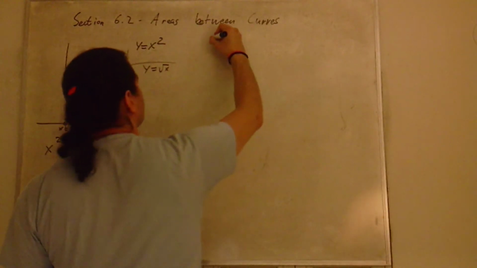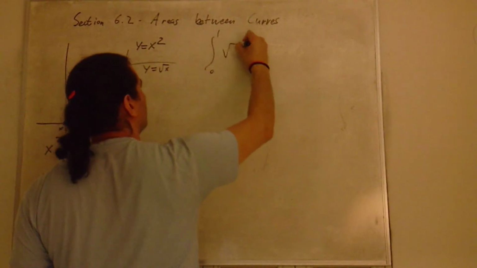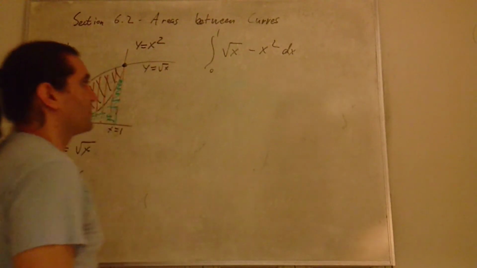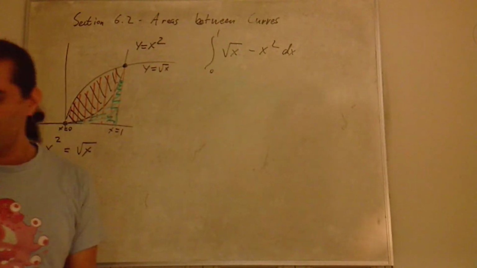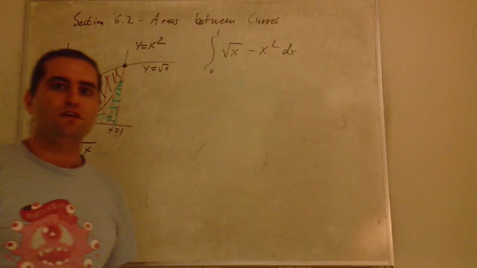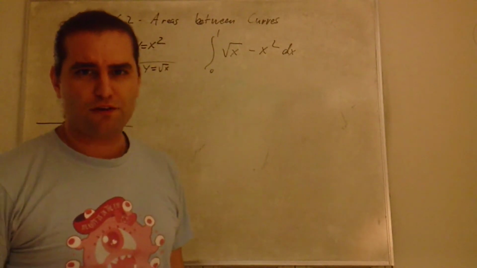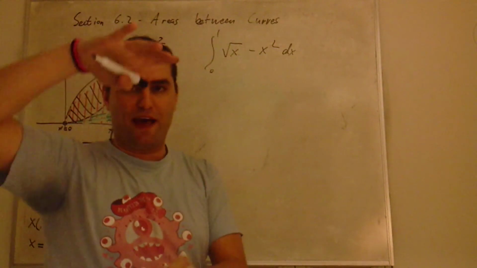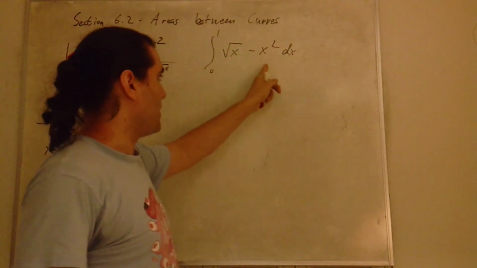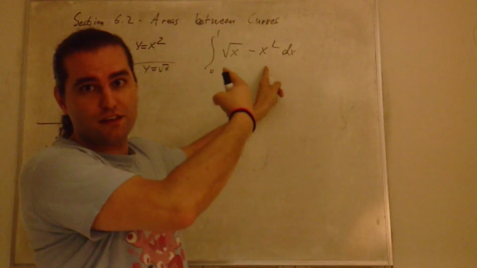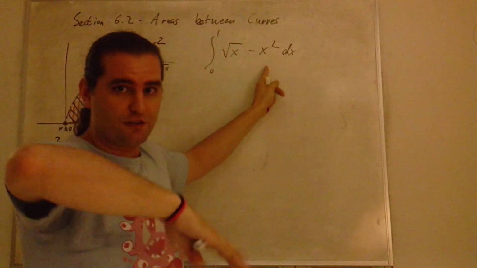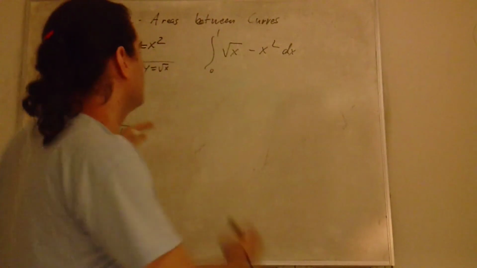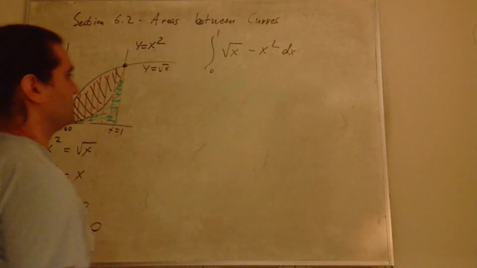So we have the integral from 0 to 1 of square root x minus x squared dx. One way to think about how you're doing these problems is to think of the four different bounds. You need a top and a bottom to go inside the integral as your top function and your bottom function, and you need a left and a right bound so that you know how far you're going in each direction.